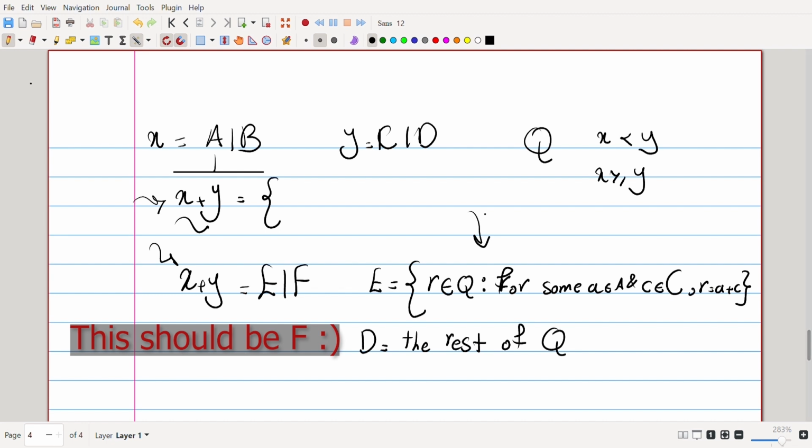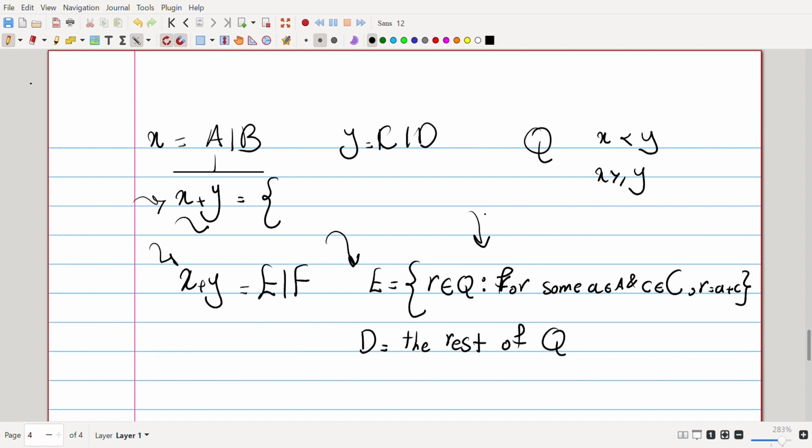For some a in A and some c in C, r equals a plus c, and we pour all those into E, and your set F will be the rest of Q. So the answer to x plus y is E cut F with this definition right here. And we are done. Now you know what a real number is by the definition of Dedekind cuts.